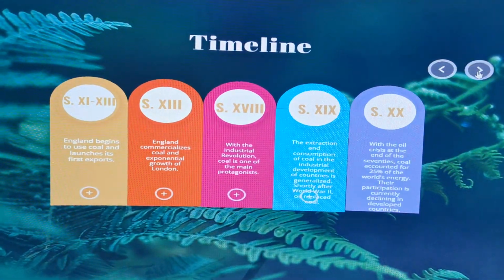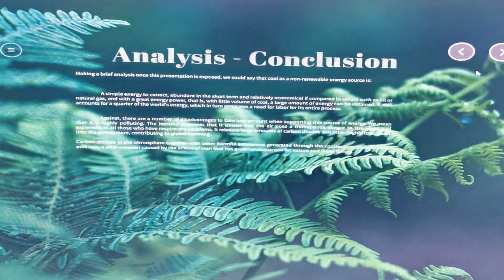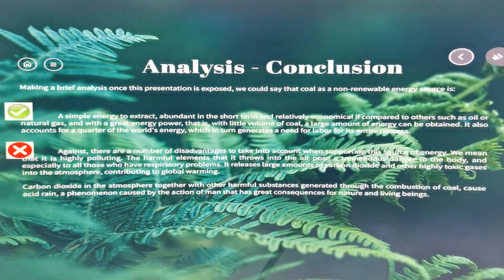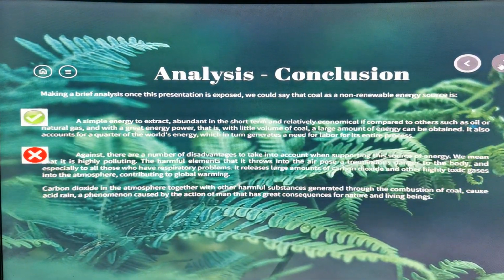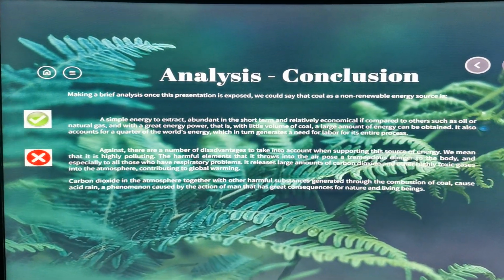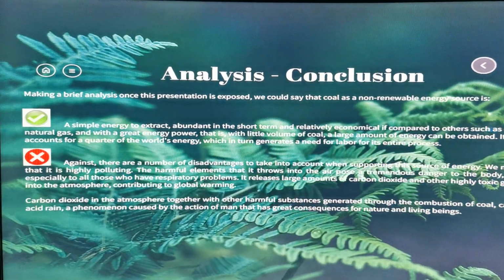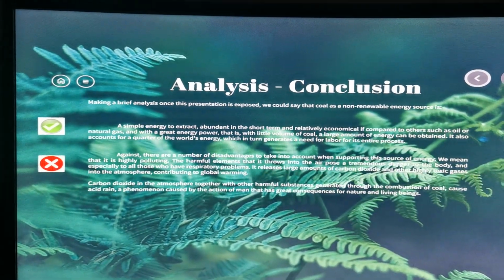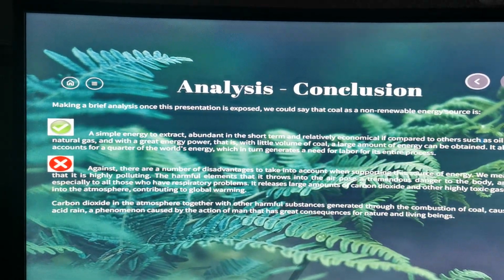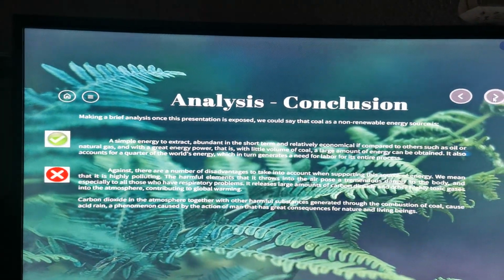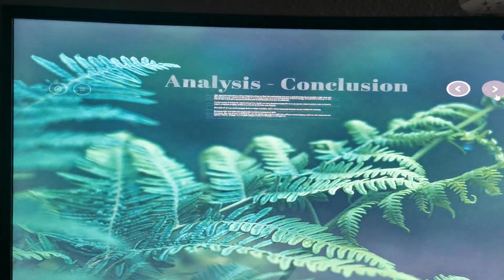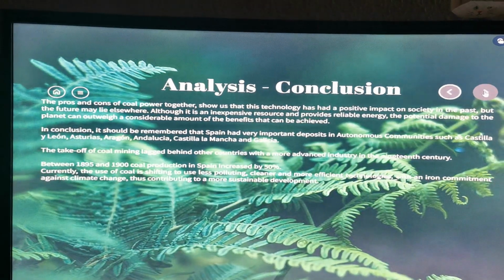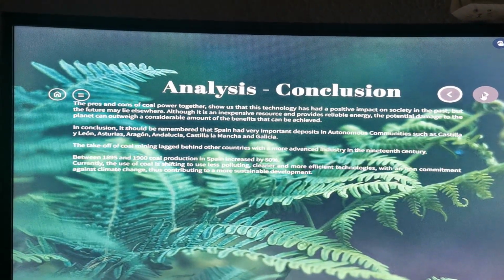Coal, as a non-renewable energy source, is simple to extract, abundant in the short term and relatively economical. Against it, it is highly polluting. It releases large amounts of carbon dioxide and other highly toxic gases into the atmosphere, contributing to global warming. The combustion of coal causes acid rain, which has great consequences for nature and living beings.